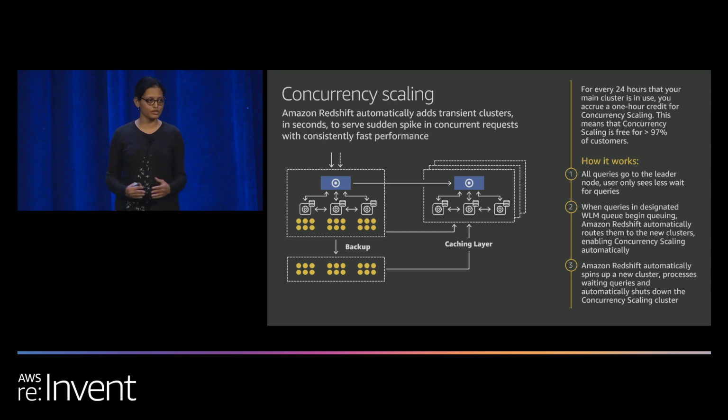So say, for example, you have your cluster up and running for 30 days in a month. You can accrue a total of 30 hours in a month, which is free capacity that you can use. We believe 97% of customers who turn on concurrency scaling will be able to leverage this feature completely for free. So leverage the free capacity for your spiky workloads.